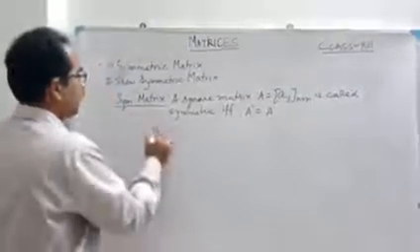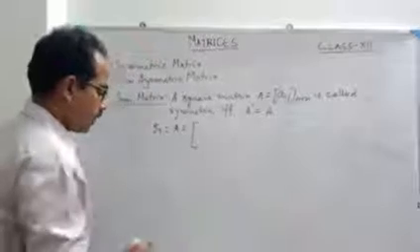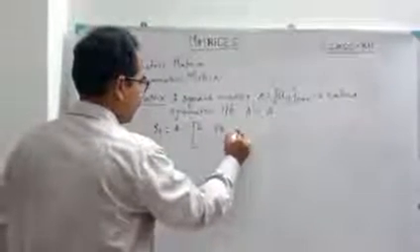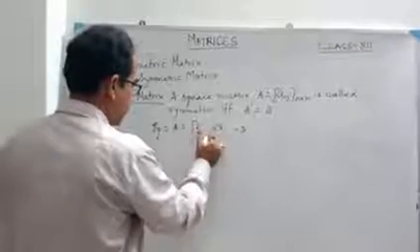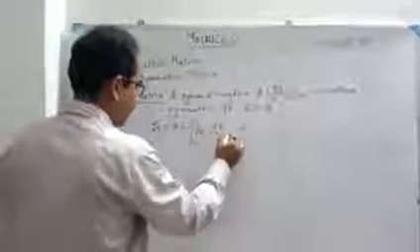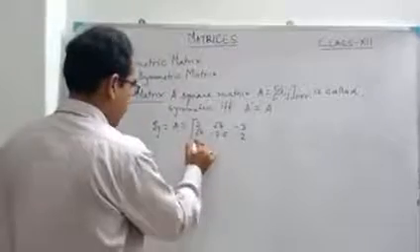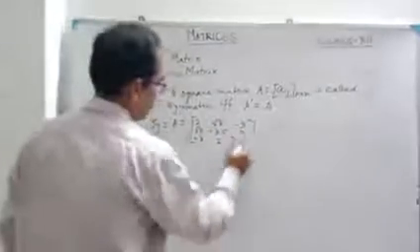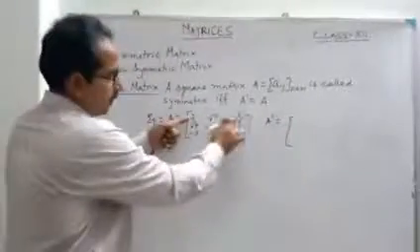So for example, let us take one 3 by 3 matrix. Suppose 2, root 7, minus 3; root 7, minus 3.5, 2; minus 3, 2, 1. Now let us find A transpose. Rows will change into columns.